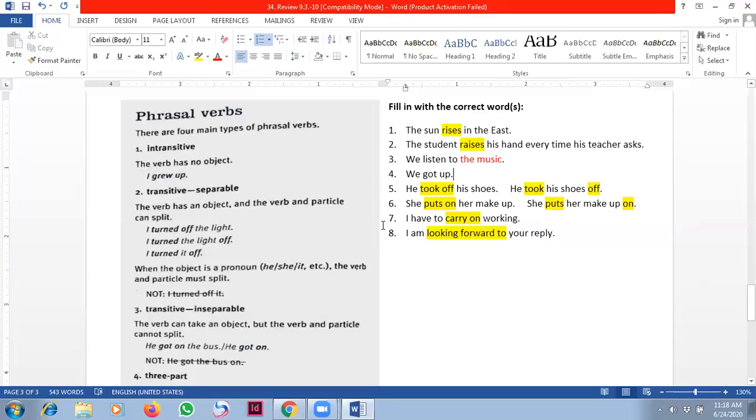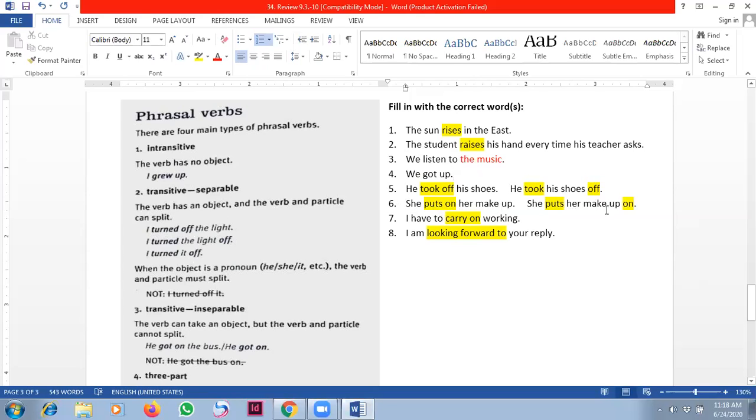Here, you see that the phrasal verb can be separated. He took off his shoes, or he took his shoes off. It's okay, right? So it can be separated. Separable means can be separated. She puts on her makeup.